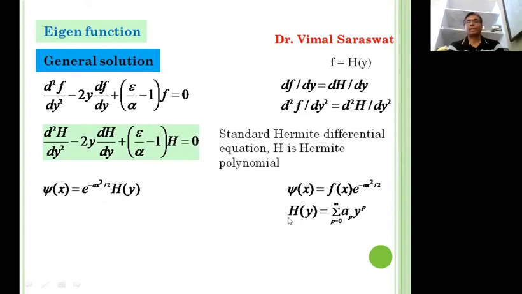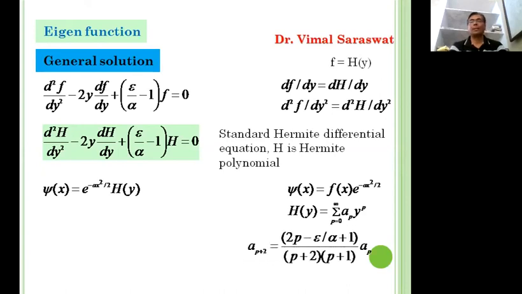The Hermite polynomial is given by h of y equal to sigma p a p y raised to p. If we substitute the differential of h and the second differential of h from here to here, then the equation which we obtain here will be satisfied only when the coefficient of each power of y is 0. And hence the coefficient a p plus 2 follows. Here alpha is equal to root of mk by h cross square.